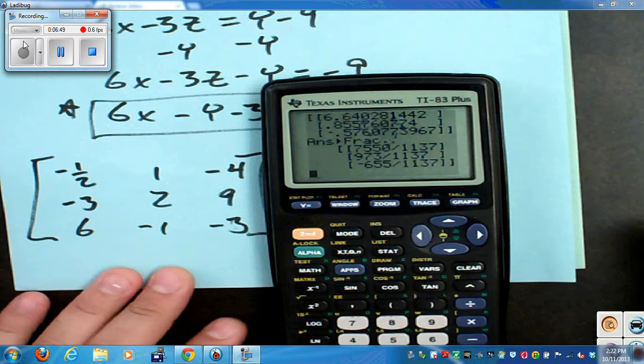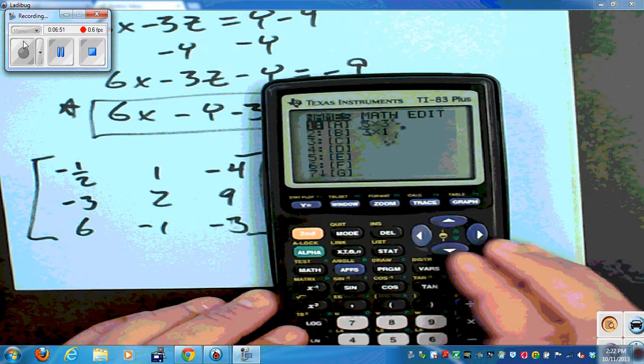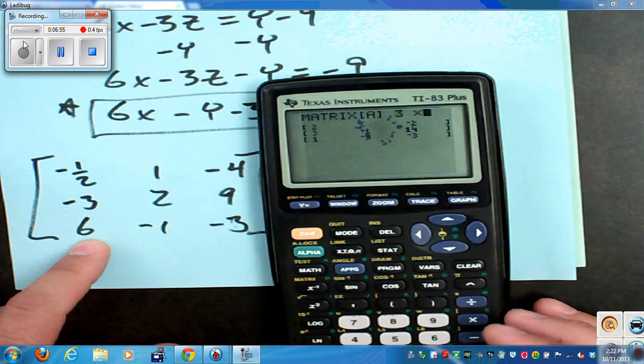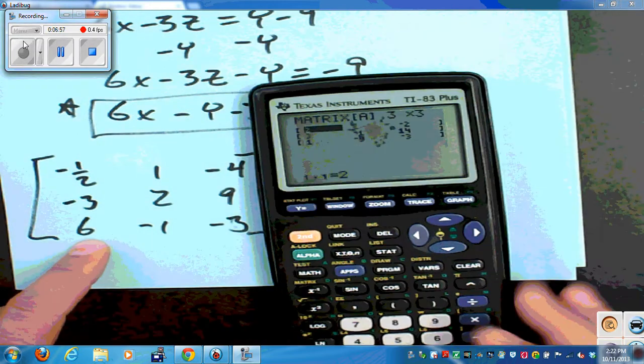We're going to go on to the other one, which I seem to have lost my matrix equations. See if I can locate them here. There we go. Go back into the matrix. We're going to edit. Matrix A, once again, is a 3 by 3, so I can just hit enter twice. It keeps the same shape.